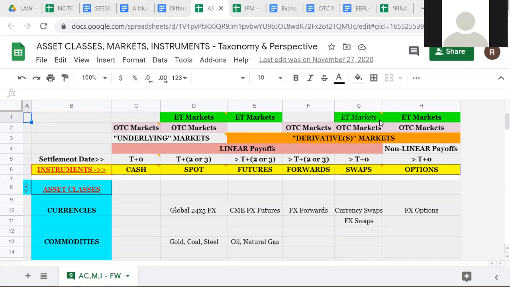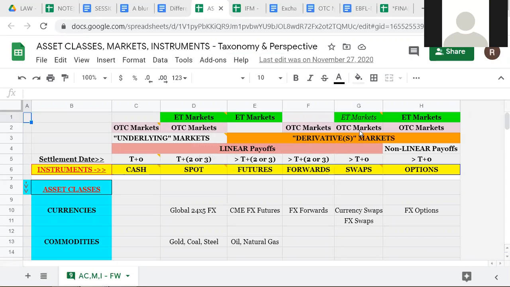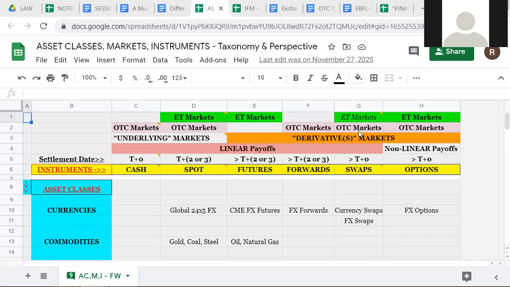There's no overlapping here like this one, like swaps. Some swaps are listed in futures markets, although that's not a very good example because swaps are also mainly an OTC market instrument. But of late, they have started listing them on the exchanges. So the better example is options, which you can have fairly extensive volume in both OTC markets and ET markets. That's why they're listed here. But forwards and futures are purer instruments in that sense.